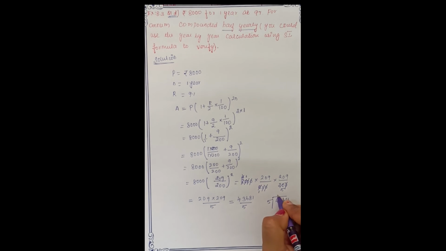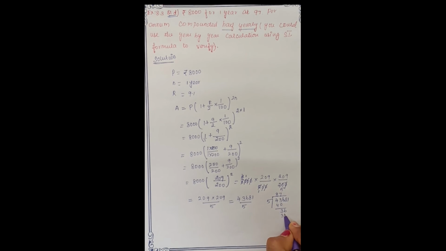So 8 5s are 40. We have 3 and bring this down, 36. Now 7 5s are 35. We have 1. Bring this 8 here, 18. So 3 5s are 15. We have 3.